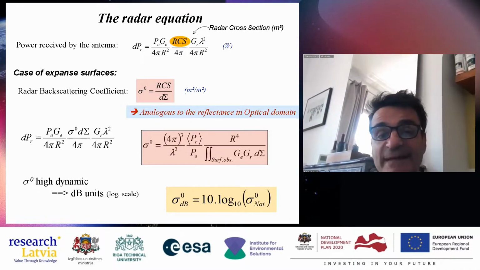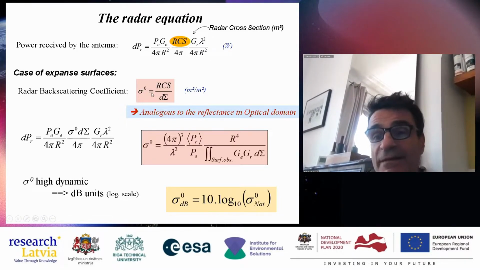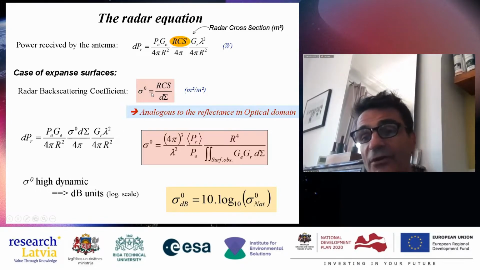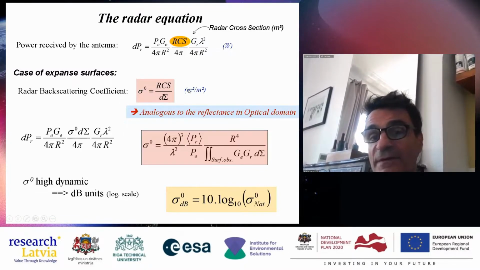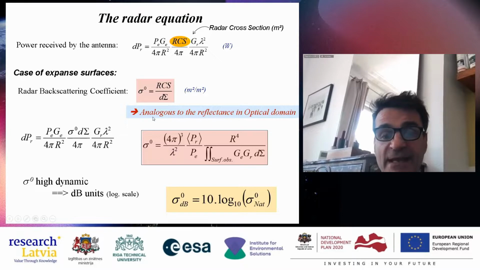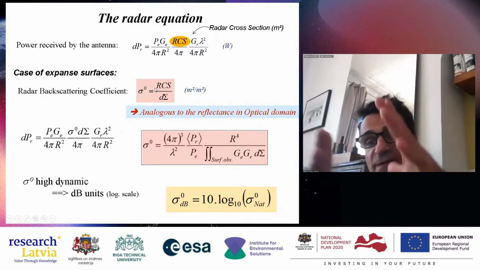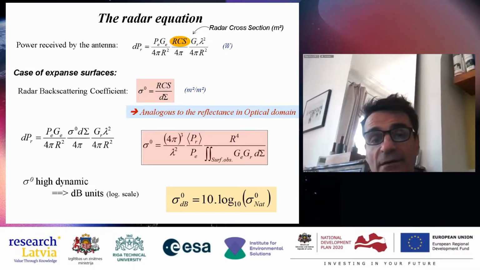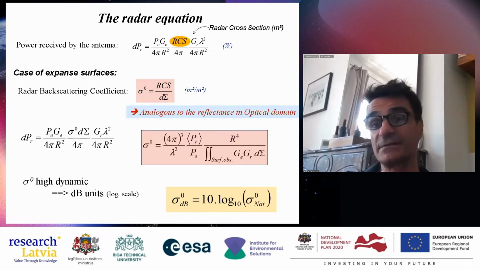to manage the radar backscattering coefficient, which is the radar cross-section divided by a unit surface area. This radar backscattering coefficient is without any units, and this is analogous to the reflectance in the optical domain. The radar coefficient is characterized by a very high dynamic, much higher than the dynamic of optical reflectance.